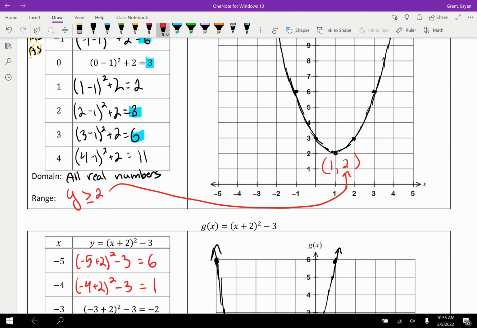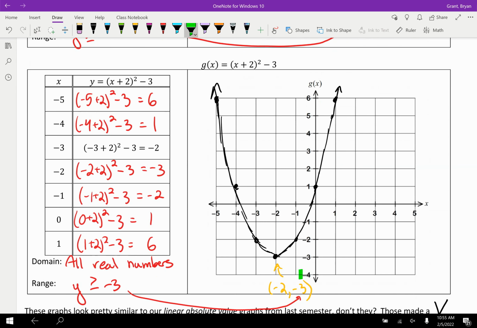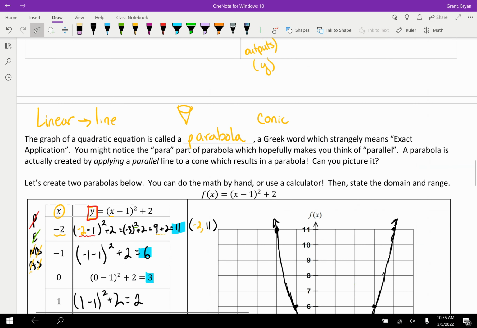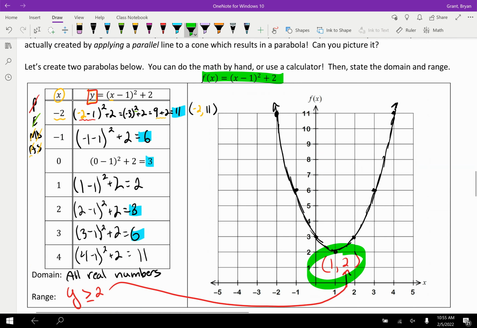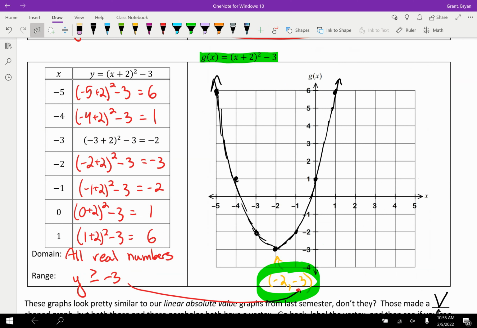But the second thing that should be interesting to you is that with this vertex, you should notice some sort of connection back to the original equation. Do you see it? 1, 2 in the original equation, -2, -3 in the original equation?